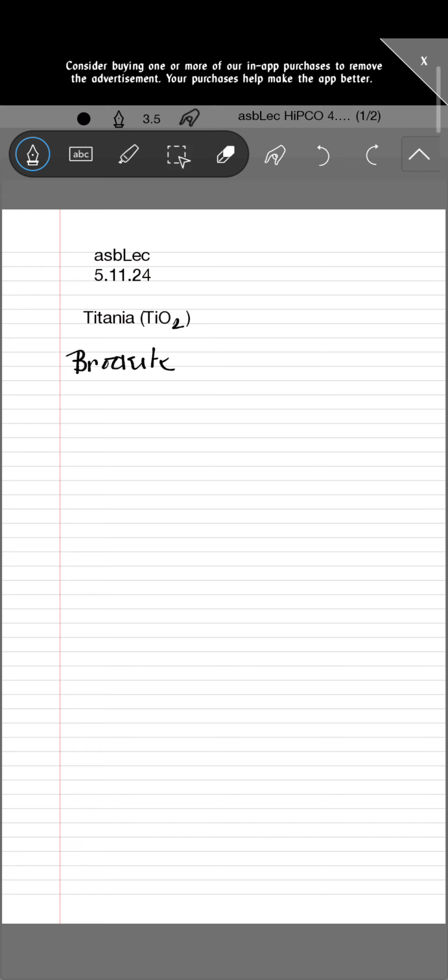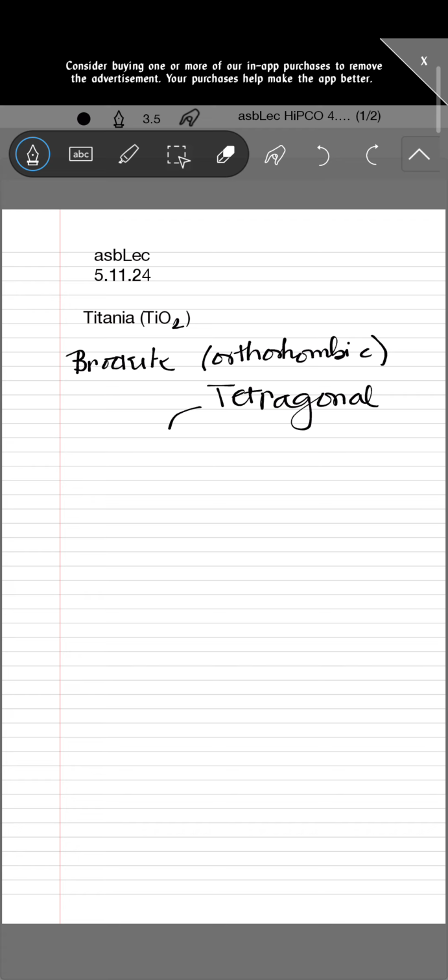which has an orthorhombic structure, and the other crystallographic structure is tetragonal. However, in the same tetragonal structure, two different phases of titania can be found.